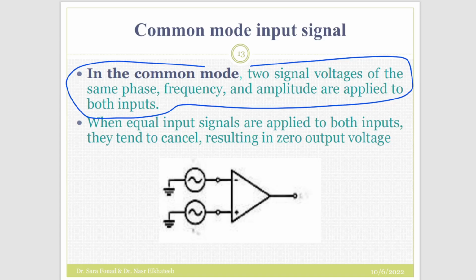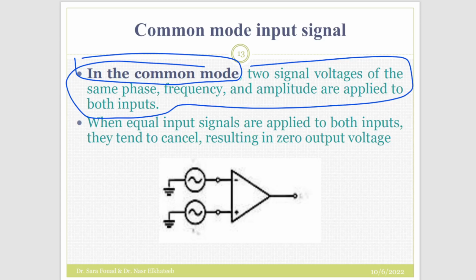So what's going to happen? This common mode means that we have two signals that are exactly the same: they have the same voltage, the same phase, the same frequency, and also the same amplitude.